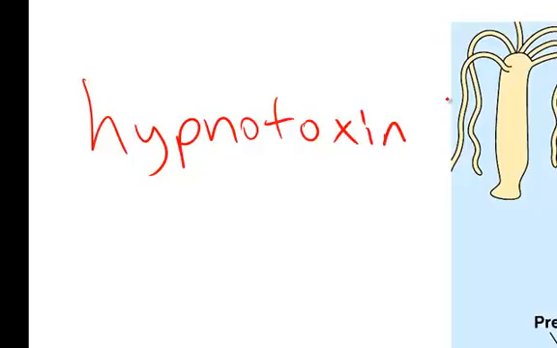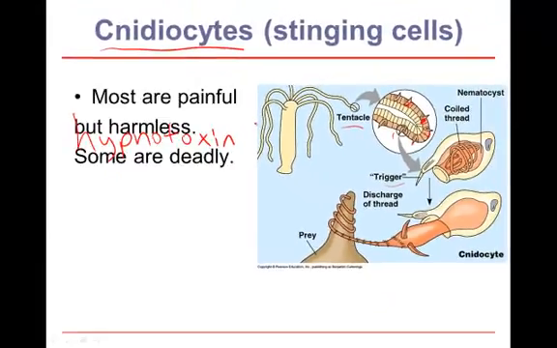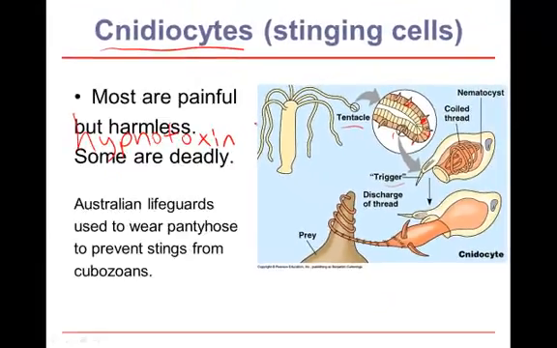Now, to avoid extremely toxic stings of jellyfish that live on the Great Barrier Reef, Australian lifeguards used to wear pantyhose, and pantyhose can help to protect from the cnidocytes penetrating and keeps the wearer safe. Now, of course, the macho lifeguards wear body glove wetsuits or something instead of these pantyhose.